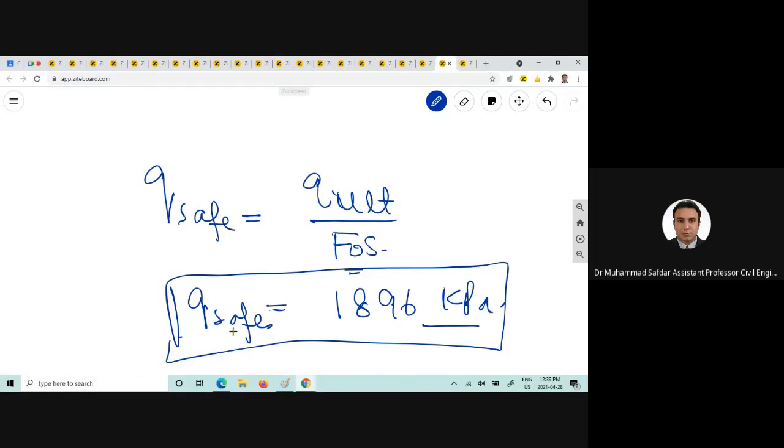So that's how we basically, the main idea or the main theme of today's lecture was to find out the bearing capacity factors, that how we can find out the different factors which are used in Terzaghi's bearing capacity theory, and also various factors which are used in the Meyerhof bearing capacity theory.